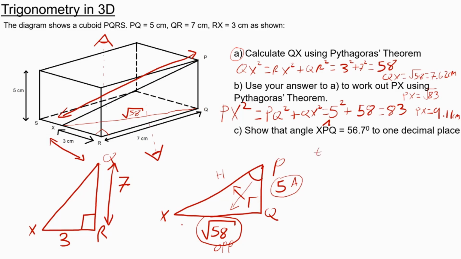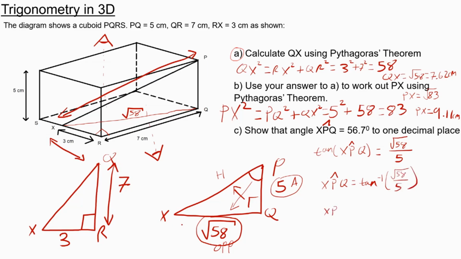So I can say tan of the angle XPQ is equal to opposite over adjacent, which is root 58 over 5. And then to get XPQ on its own, we can take inverse tan of both sides. So I would write down XPQ is inverse tan root 58 over 5.